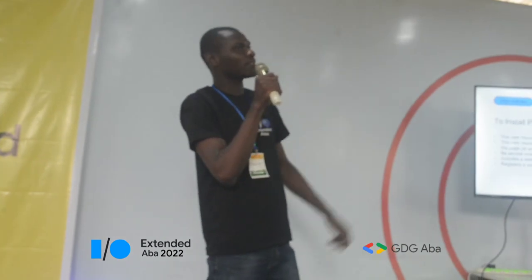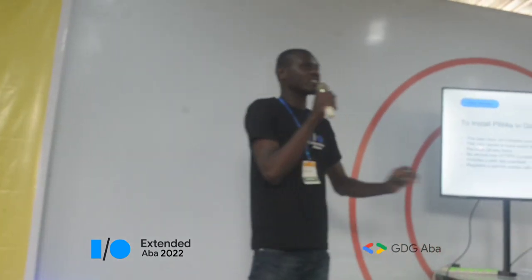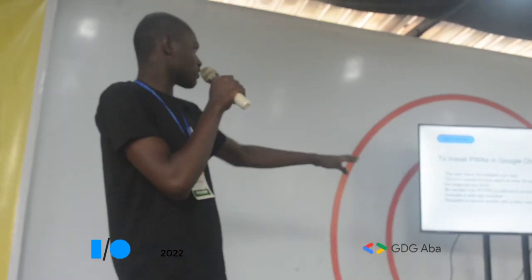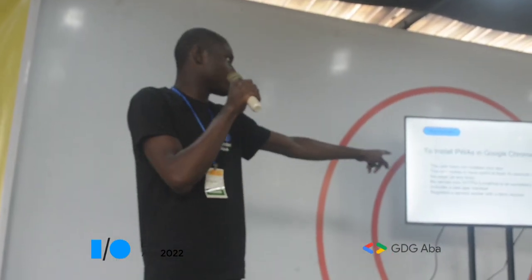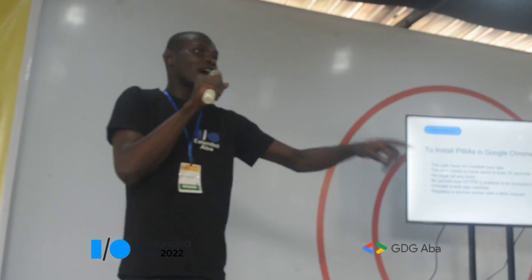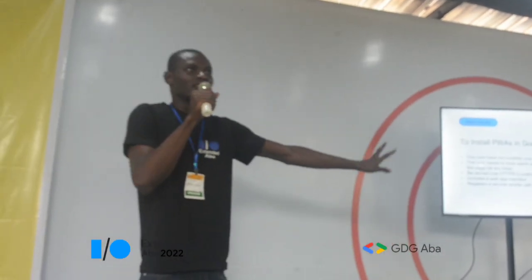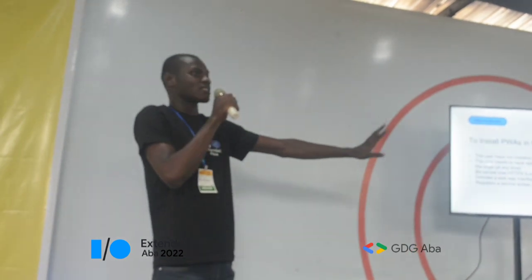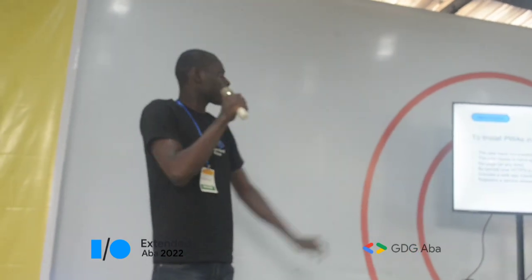And the web page has to be served over HTTPS, though if you are developing, you will probably be using localhost, and this is an exception. Localhost is not included in the rule that it must be served over HTTPS.